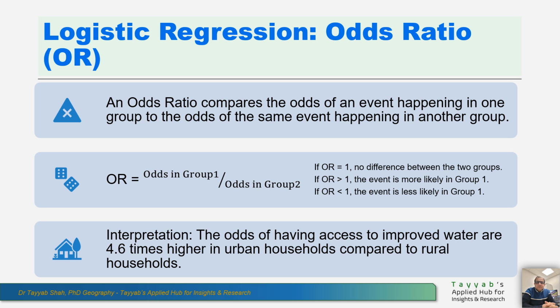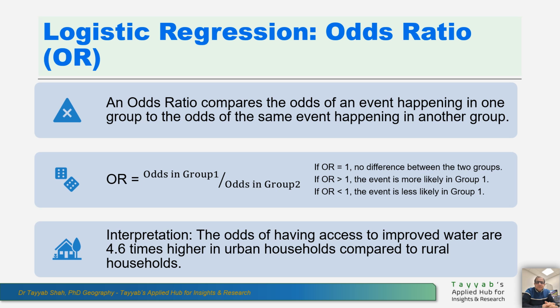Now the outcome could be three different possibilities. The odds ratio could be equal to 1, which means there is no difference between the two groups. But if the odds ratio is greater than 1, the event is more likely in group 1. And if it is less than 1, it is less likely in group 1.